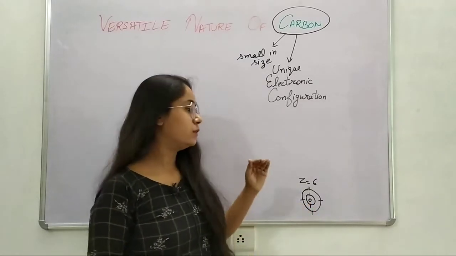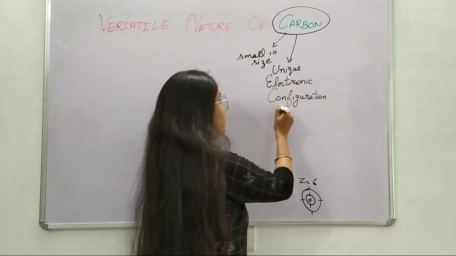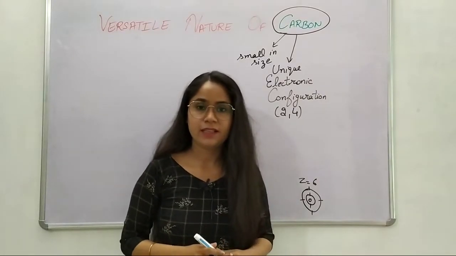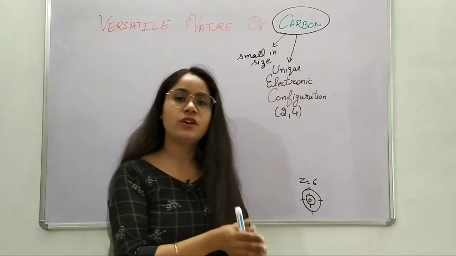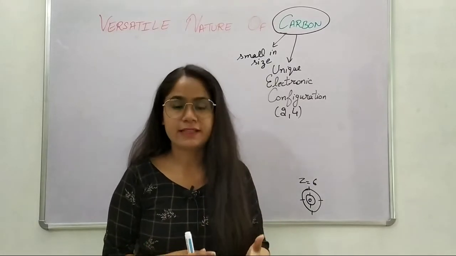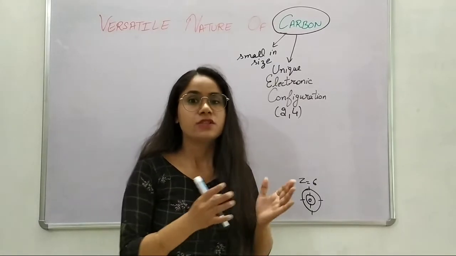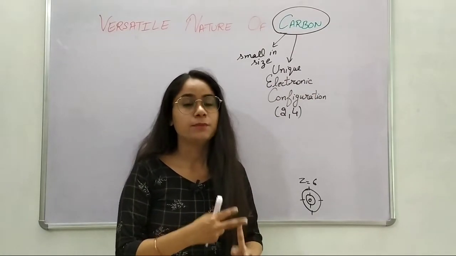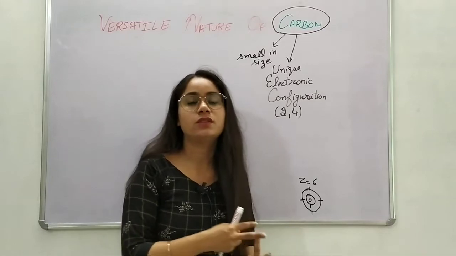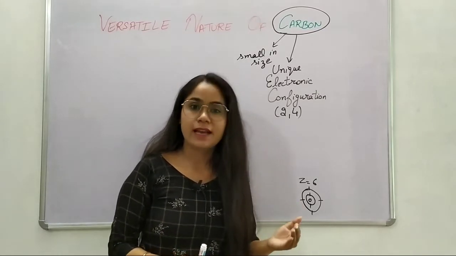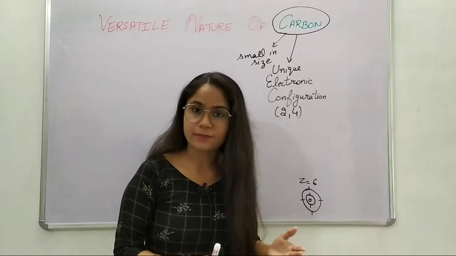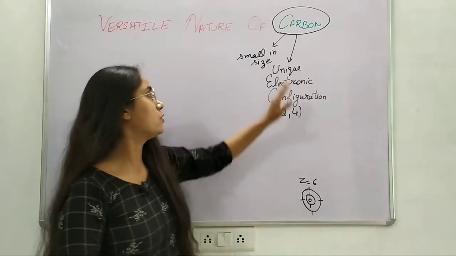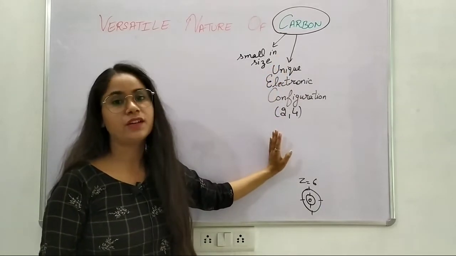So what is the electronic configuration of carbon? 2, 4. And what is its valency? Of course 4. It needs 4 electrons to complete its octet to maintain its stability. In this process it can neither gain nor lose electrons, but it mutually shares those electrons with other atoms or with other carbon atoms to maintain stability. So carbon has a unique electronic configuration.